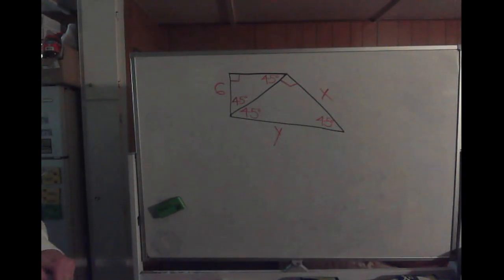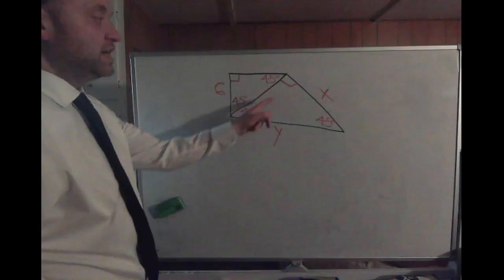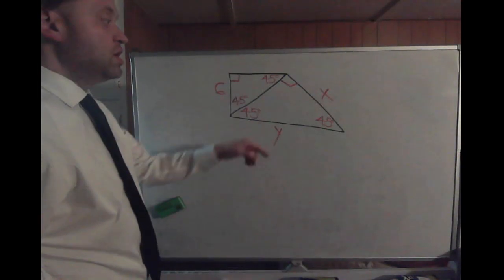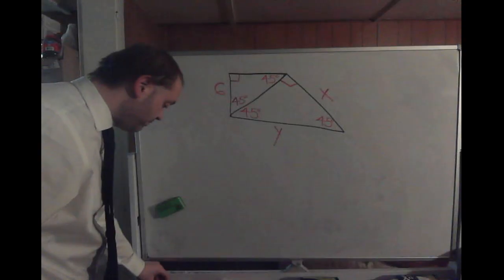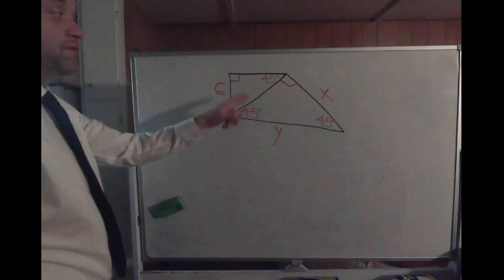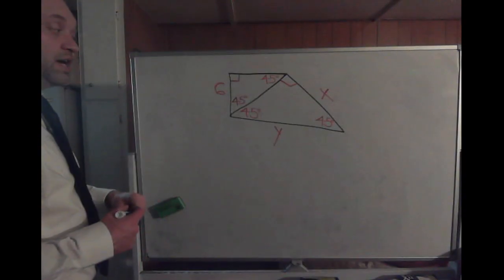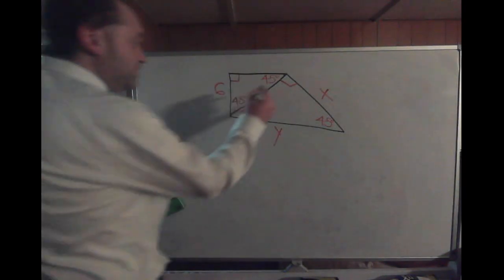Well, here's the thing. In order to solve for x and y, aren't we going to need to know the length of this leg here, which also would be the hypotenuse of this right triangle? Well, we know the length of the hypotenuse of a 45, 45, 90 triangle is nothing more than the length of a leg times the square root of 2.